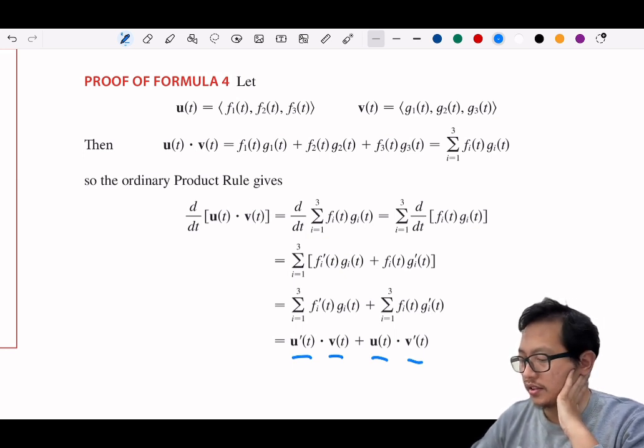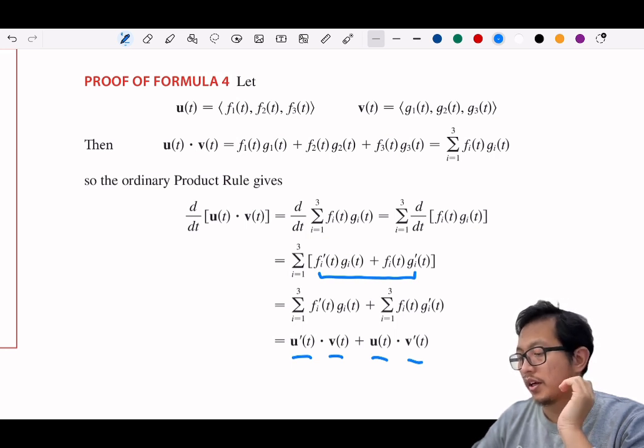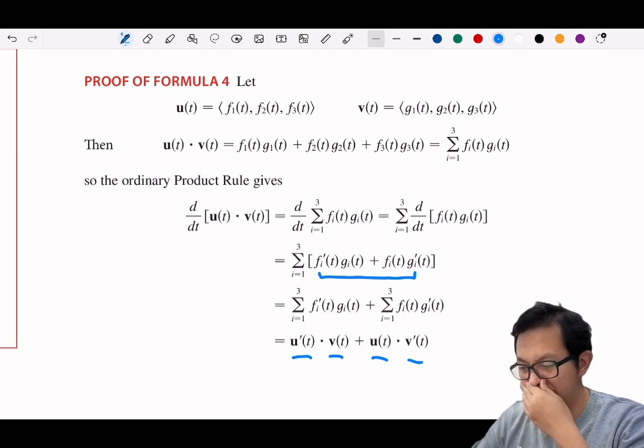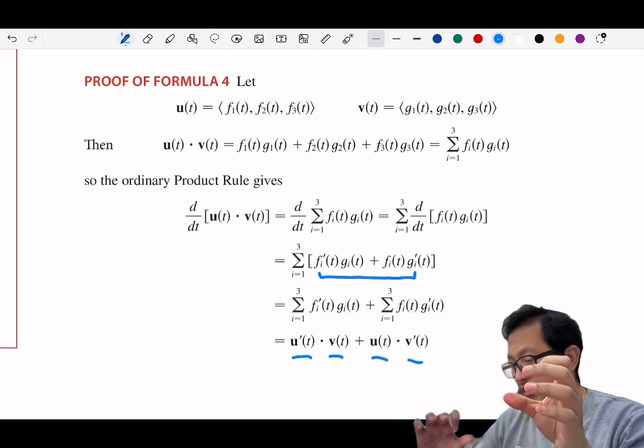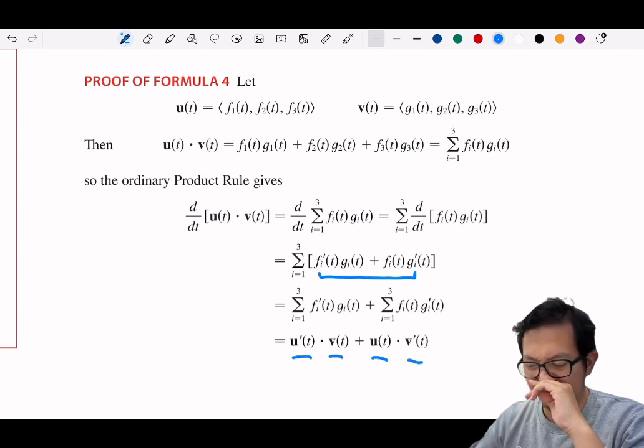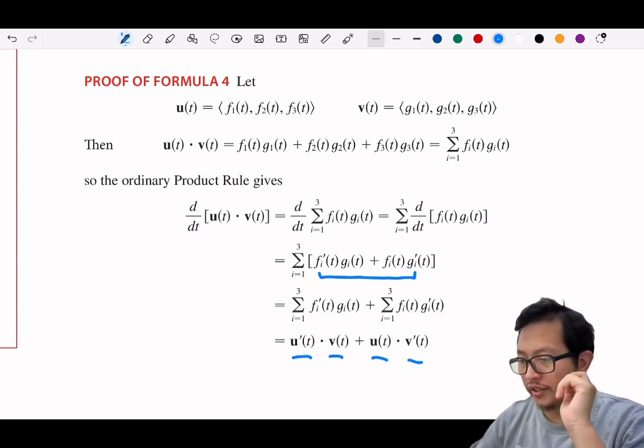Basically this is just the very simple product rule from calculus 1, but we arrange them in the dot product results. So this is going to be true.